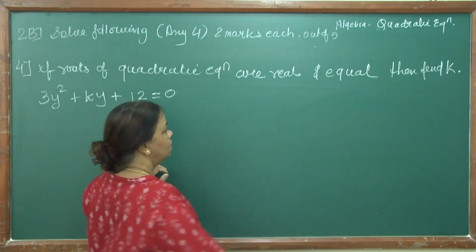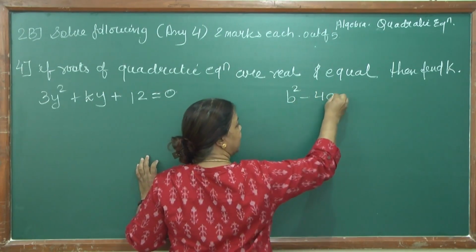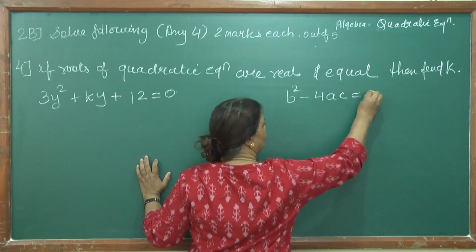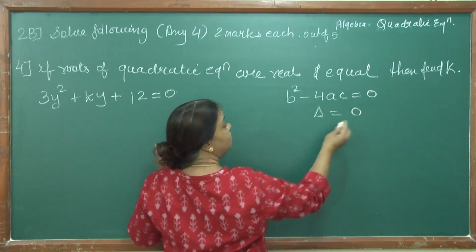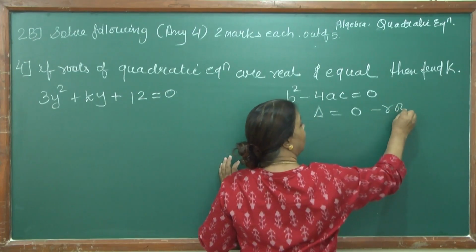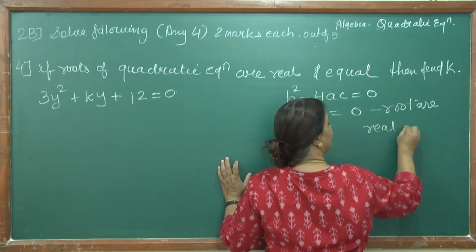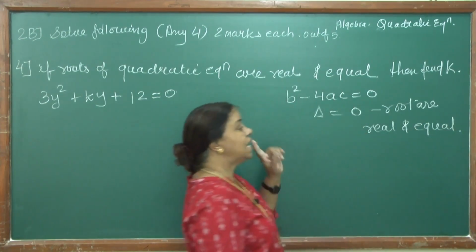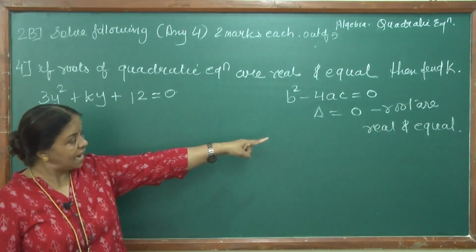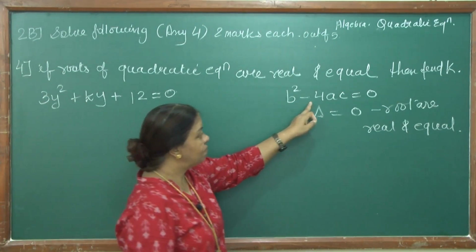The discriminant value, that is b square minus 4ac, is equal to 0, or delta value is equal to 0. When the roots are real and equal, in that case delta value will be 0. That is b square minus 4ac.